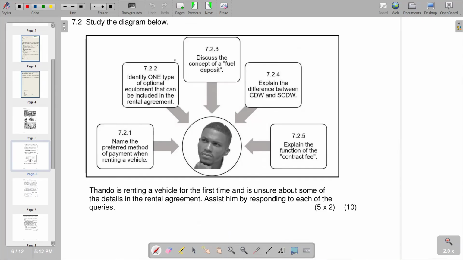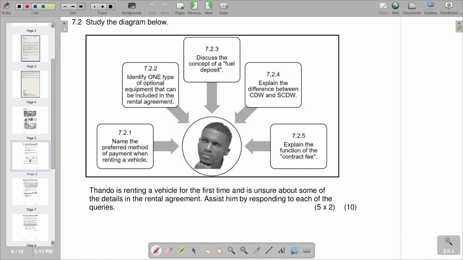And when the person is returning the vehicle, a refund is made according to the value of the fuel that is inside when the vehicle is being returned. So when returning, the quality of the fuel that will be in the vehicle should be the same as the quality of the fuel that was inside when the vehicle was collected.